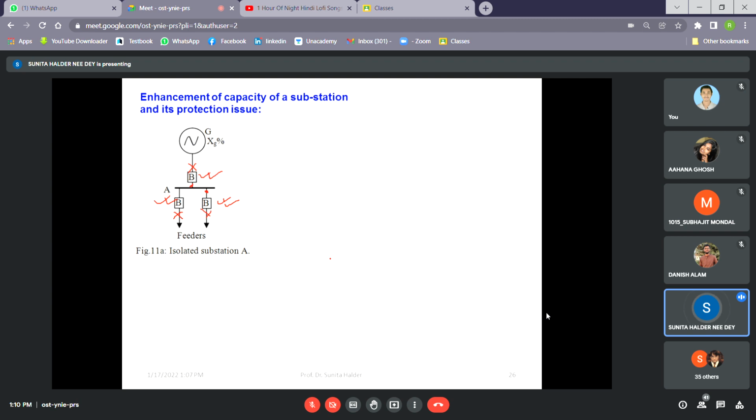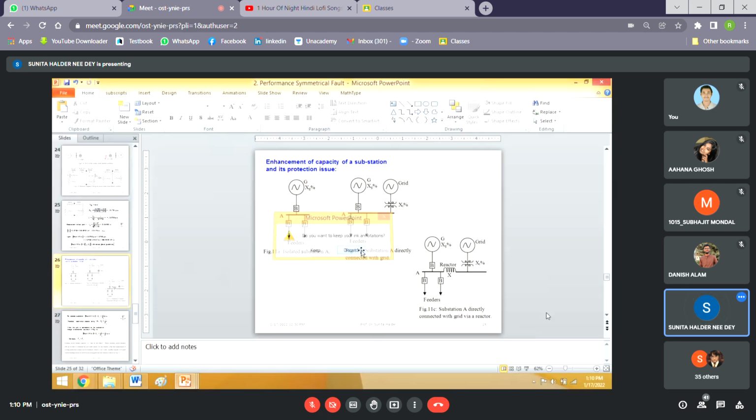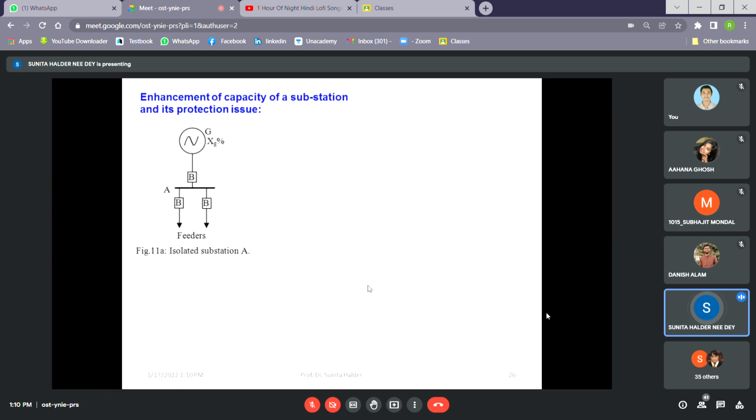So if we assume that the capacity of the system has been increased, okay. Capacity of the system has been increased means that the loads have been increased on the transmission lines, at the receiving end part of the transmission line.